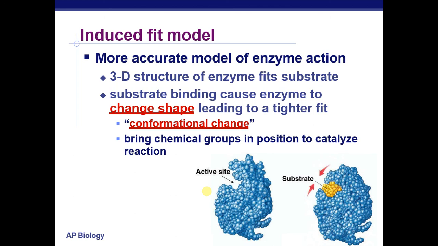This conformational change, that's what we call that shape change, brings certain chemical groups in the substrate into position so that they can be broken or catalyzed a little bit more easily. So the fitting of the substrate into the active site of the enzyme induces a shape change in the enzyme, which causes the substrate to be catalyzed more efficiently.